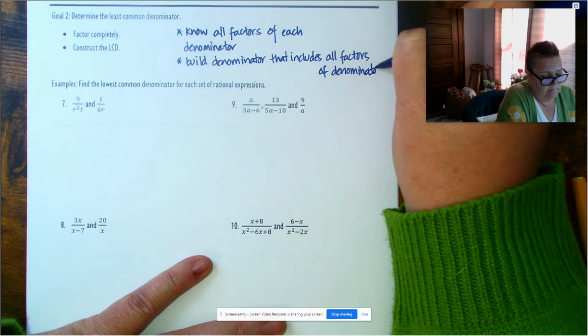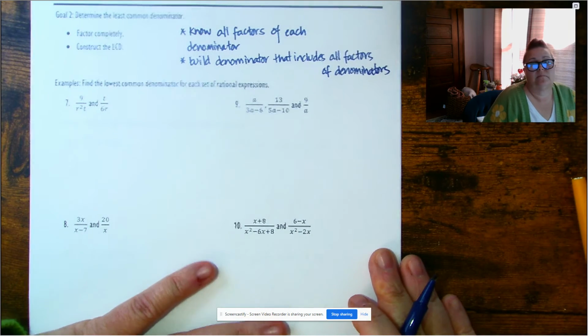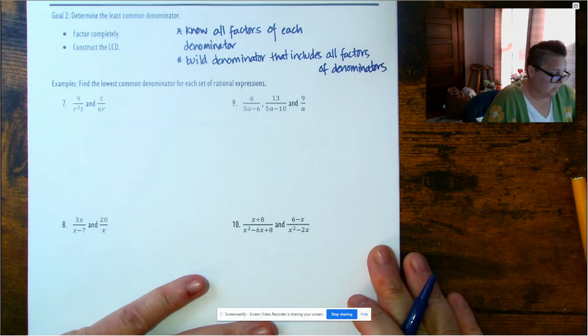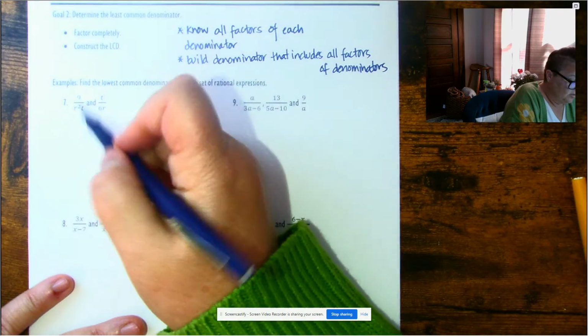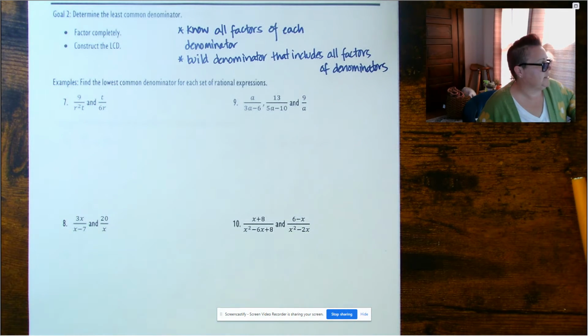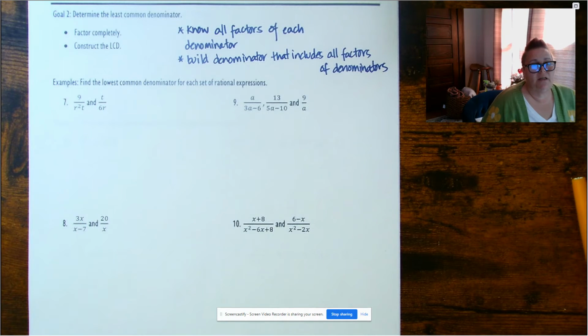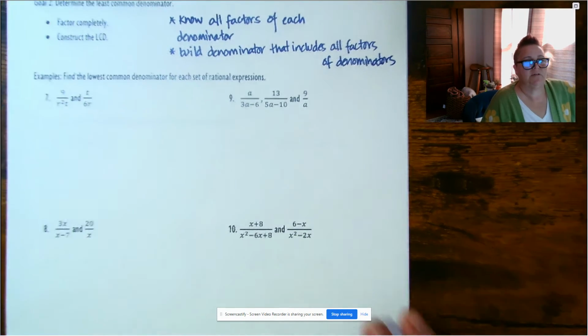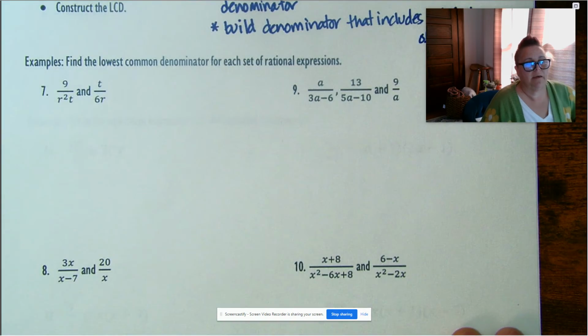Okay. All right, so if I look at all the denominators in number 7, I'm going to scroll in. Don't get vertigo. Okay.